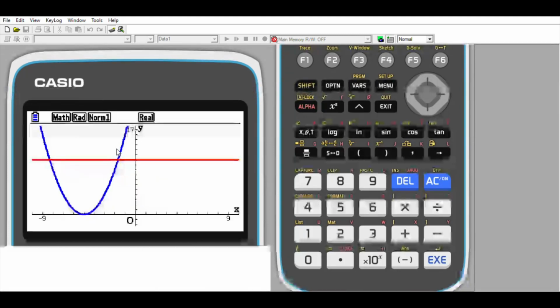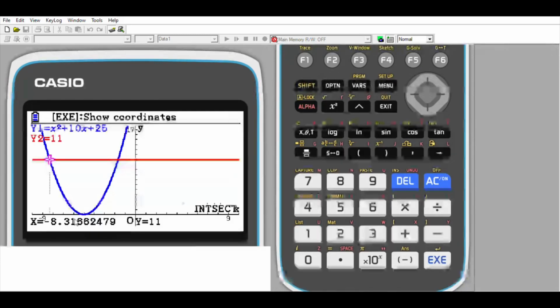So just for you to check, you see that you'll get the same results. Shift, G-Solve, Intersect, and you get -8.32, which is the first value we obtained, and the second value, -1.68, which is also the other value we obtained. So you can solve it either by graphing or by applying the polynomial equation in the calculator.